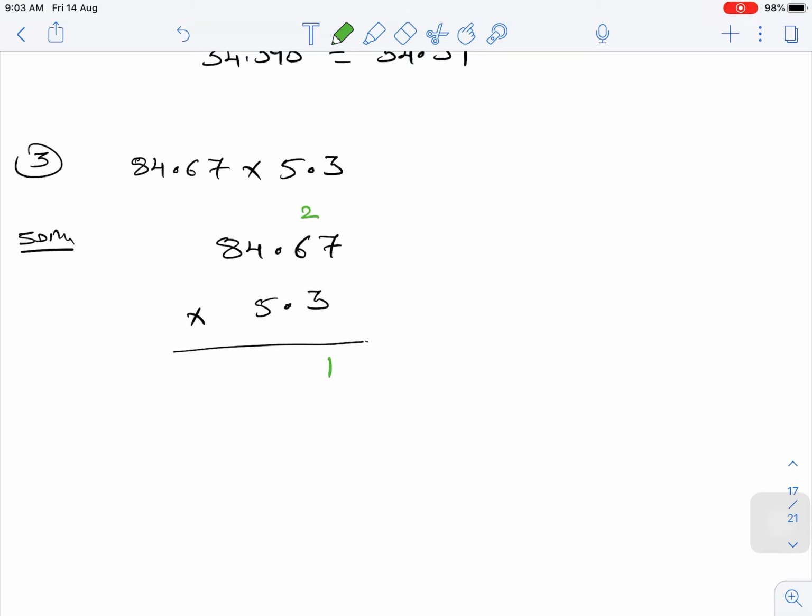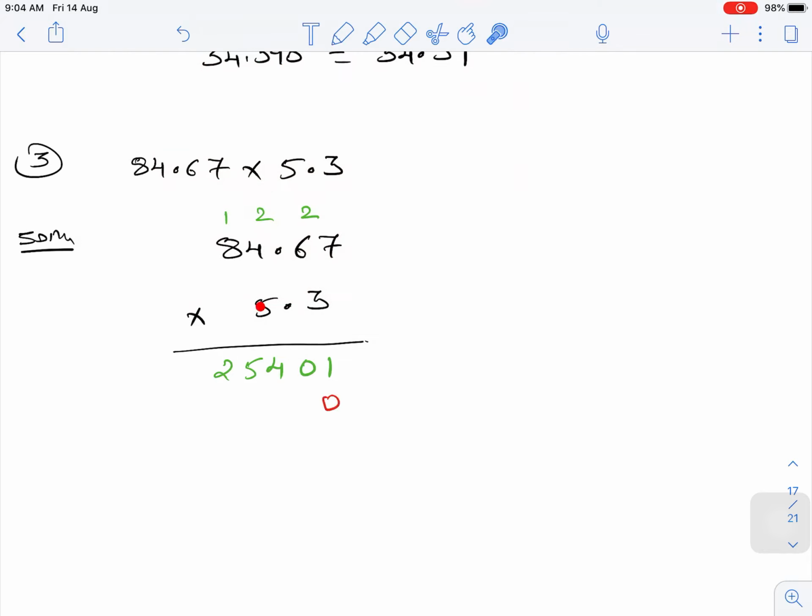Then 3 6s are 18 plus 2, so that is 20. Then 3 4s are 12 plus 2, so that is 14. 3 8s are 24 plus 1, 25. Now remember that when we are multiplying, we don't care about the decimal, we directly go on multiplying the numbers.